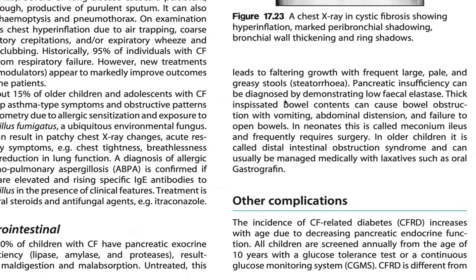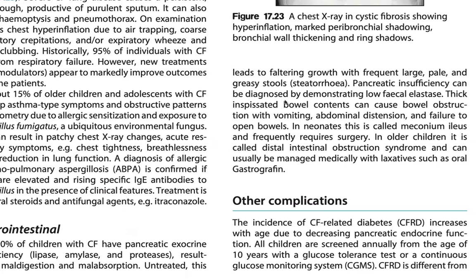Pancreatic insufficiency can be diagnosed by demonstrating low fecal elastase. Thick, inspissated bowel contents can cause bowel obstruction, vomiting, abdominal distension, and failure to open bowels. In neonates, this is called meconium ileus and frequently requires surgery.